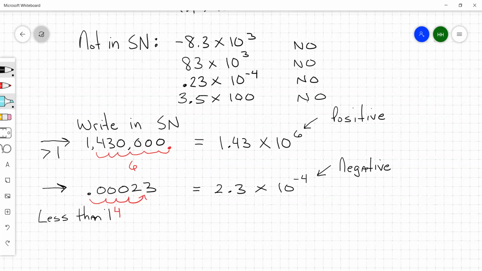I know sometimes people move the decimal, but they can't remember if I move it right, what's the sign? If I move it left, what's the sign? Just remember that if the number you start with is greater than 1, your power's got to be positive. If it's less than 1, your power's got to be negative.